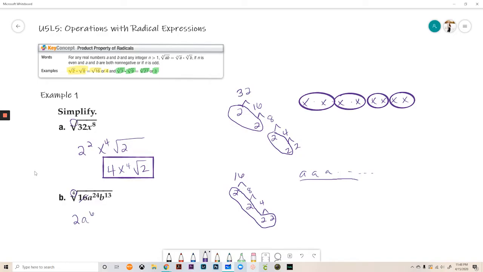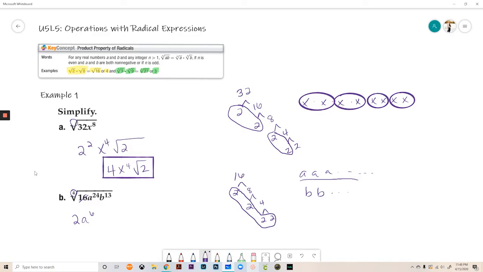If I'm going to do that same thing for the b's, again, I could write out all my b's, but 13 is still quite a bit to write out, and if you're doing this over and over again, we don't want to do that. So think of how many groups of 4 we can take out of 13 evenly.